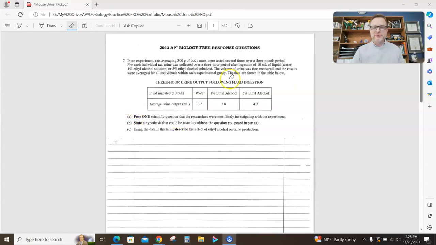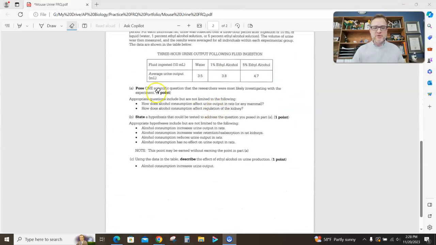So if we go down and look at the grading rubric, which I have here, pose one scientific question. The readers either accepted how does alcohol consumption affect urine output, or you could have talked about how it affects the kidney, since the kidney controls how much liquid is in your urine. Most folks probably would not talk about the kidney, but they did accept that. For part B, state a hypothesis that could have been tested.